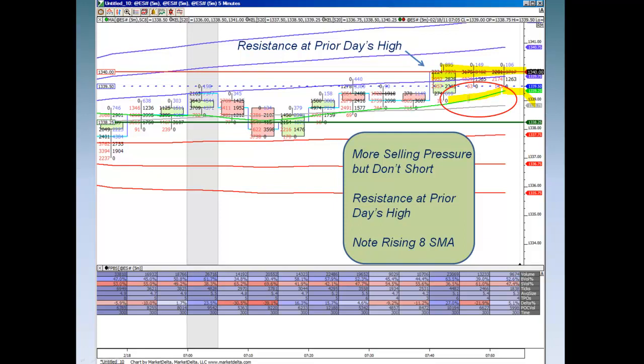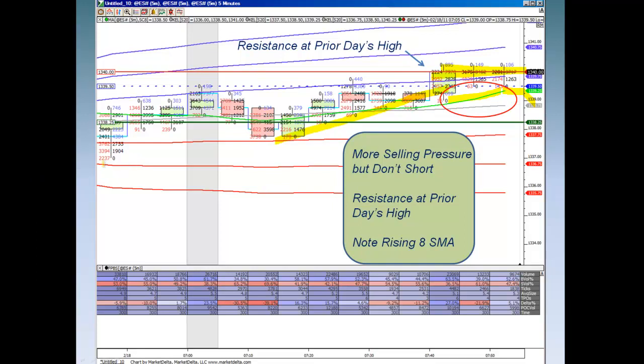So that's why you want to keep an eye on it, but you don't want to take your signals from it. You want to look at the actual hard numbers in the market. Again, we're starting to see narrow movement, narrow ranges, but more selling pressure. But I don't want to short, because I'm starting to develop a bias to the upside.